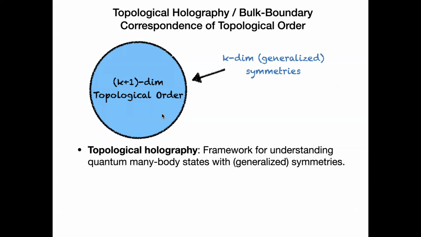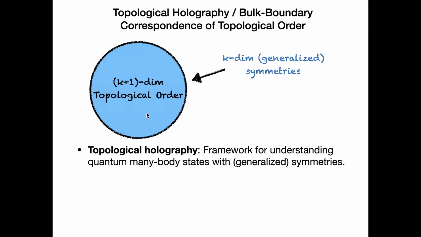There's a more systematic description known as a sandwich construction. I didn't describe it here because I don't want to use it in the rest of the talk. The picture I drew here is the simplest picture, but there's a somewhat more precise description where you have a topological order in a k plus one dimensional system with two open boundaries.